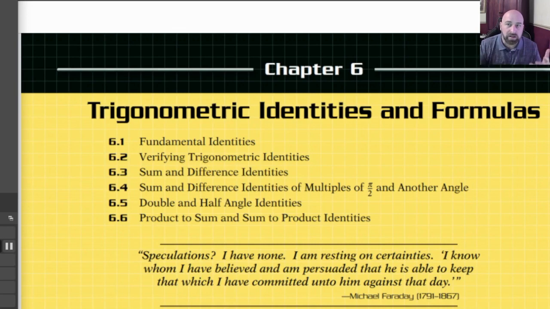I needed all that stuff in order to do chapter number 7. What is chapter number 7? It is trigonometric equations. So we're going to be solving equations, but in order to solve the equations, you need to know all of these identities and how to use them, how they function.